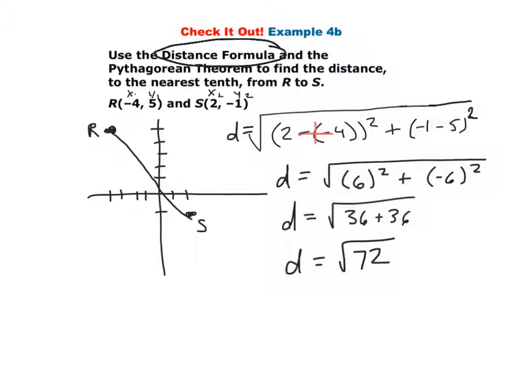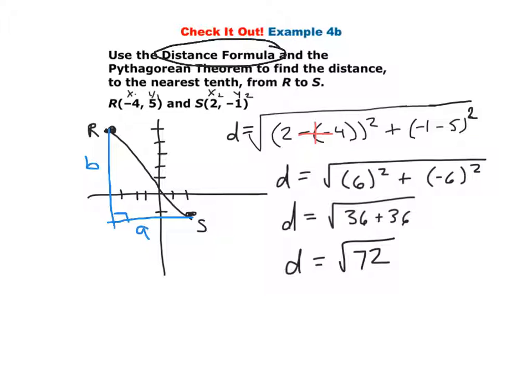Now let's find the distance using the Pythagorean theorem. So we're going to make this a triangle and drop it straight down and straight to the right to make it a right angle. So let's call the base A and the height B. What would the base of this triangle be?